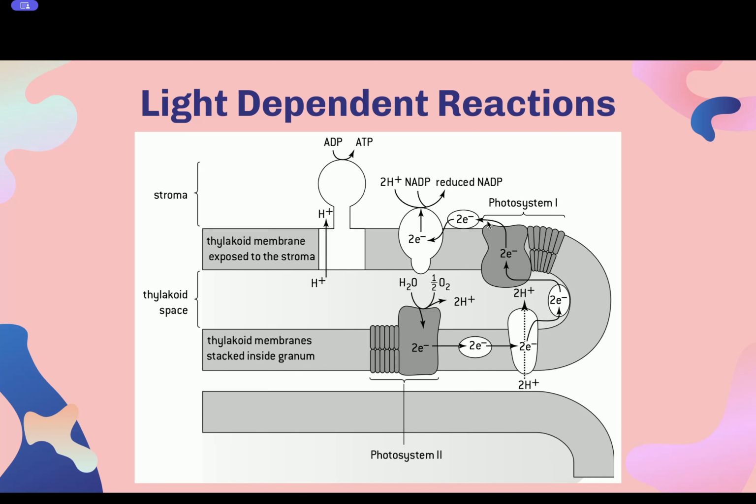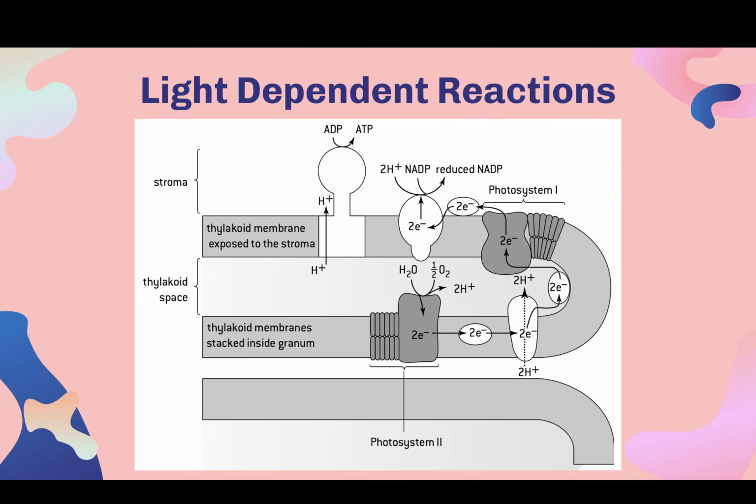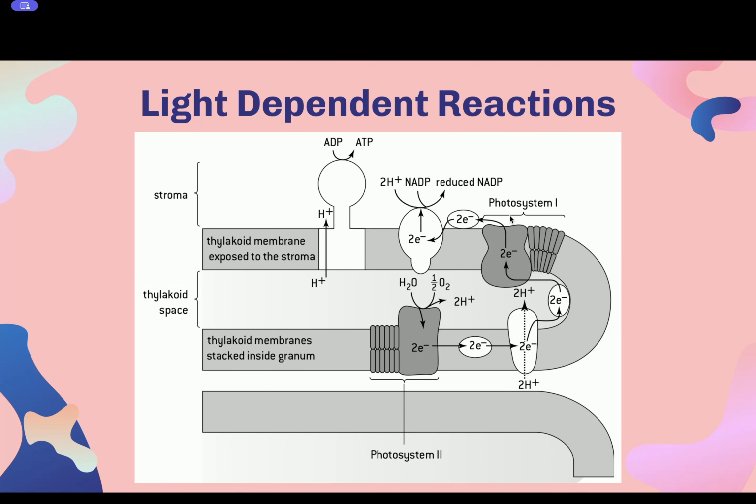So both photosystem 1 and photosystem 2 absorb light, but photosystem 2 is where the photolysis happens and where the first electrons are accepted. Photosystem 1 is basically where the pair of excited electrons is emitted from, and then it passes through electron acceptors. At the end of that chain is the NADP.